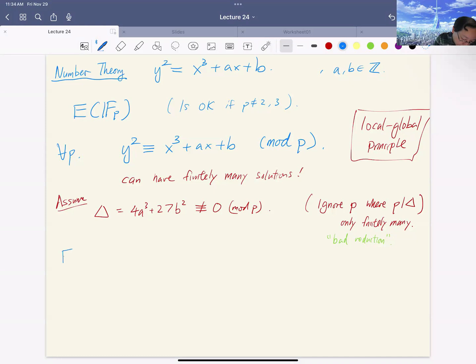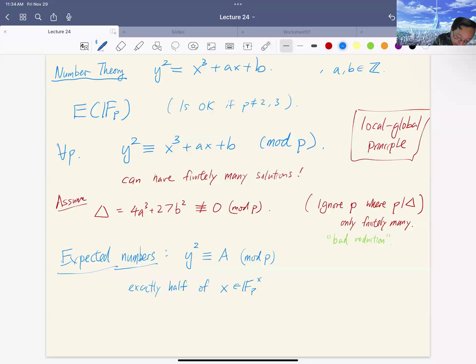So very roughly counting, we are finding basically the quadratic residues, right? We have an equation of this form, where the right-hand side, x cubed plus ax plus b, is kind of random. We don't know what it is. But let's say it is just uniformly distributed, then exactly half of them is quadratic residue.